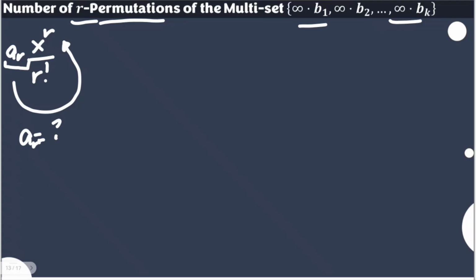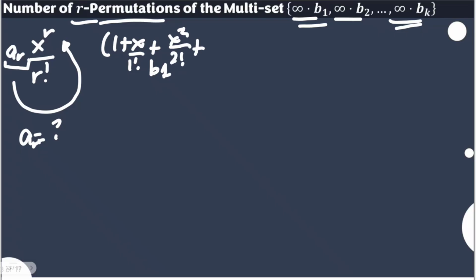To do that, let's come up with equivalent exponential generating functions for each of the given terms in the multiset. So for b sub 1, we have 1 plus x over 1 factorial plus x squared over 2 factorial, until you reach x to the power of r over r factorial, and so on and so forth.